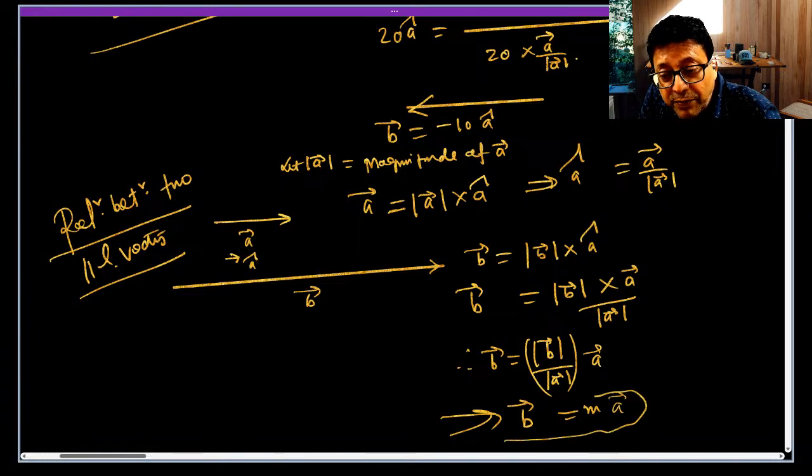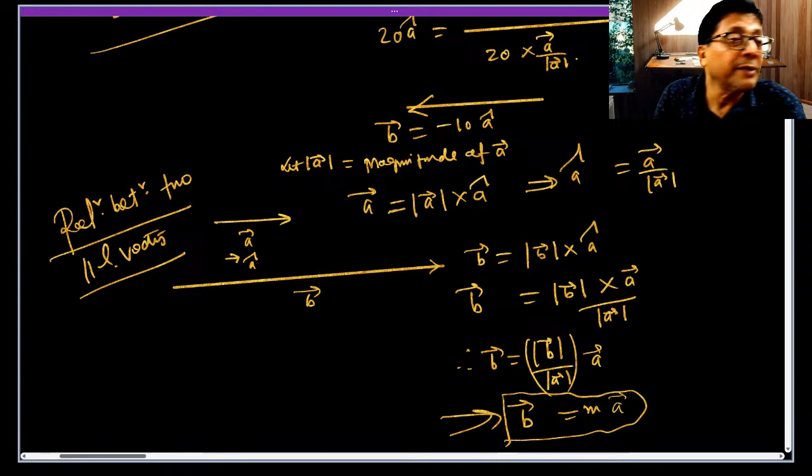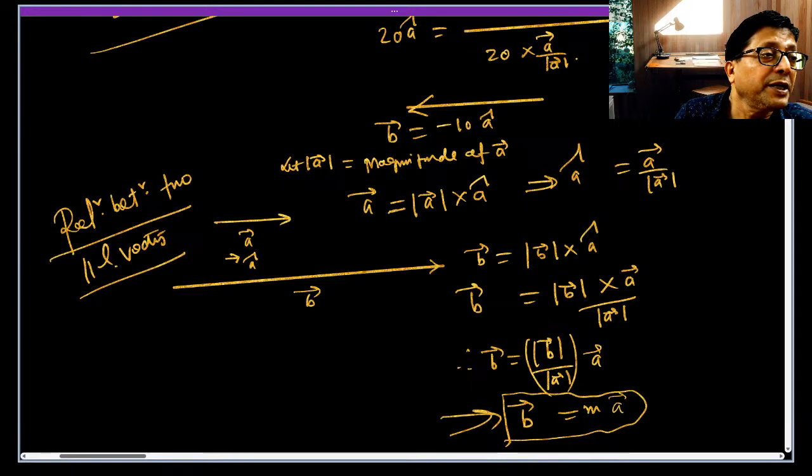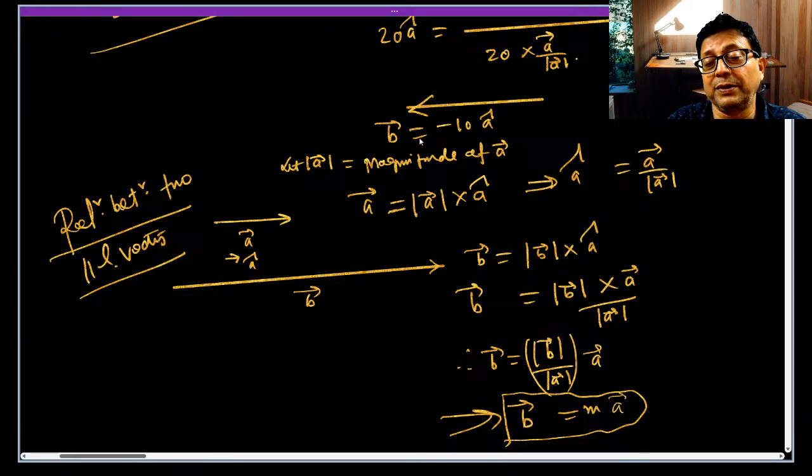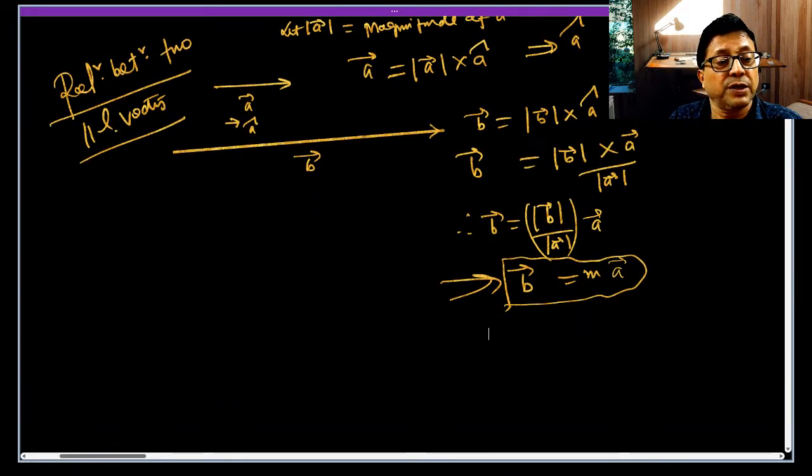This is another very important concept: two vectors are parallel if one of them is the scalar multiple of the other. This you never forget. Clear?